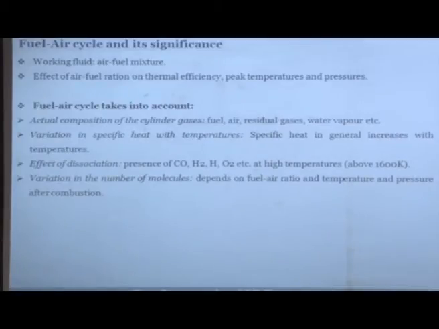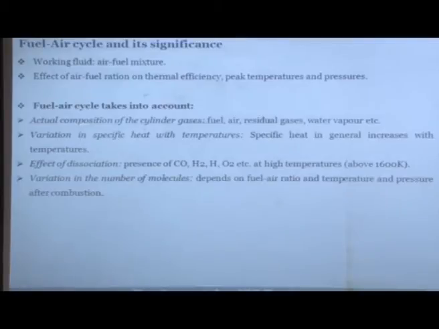But in the fuel air cycle, air fuel ratio is extremely important. It affects the efficiency. The peak temperature inside the combustion chamber is also going to affect your engine performance. Peak pressure inside the combustion chamber also affects the performance.